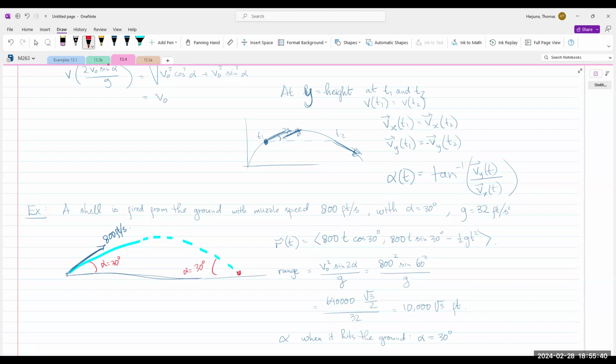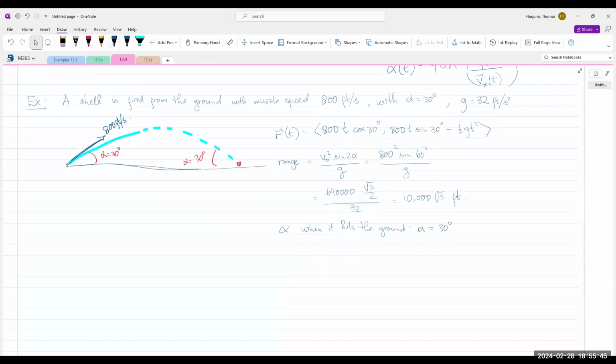Now let's do some challenging part. Suppose a target is located at, let's say, coordinate 7,000 feet in the x direction and 200 feet high.